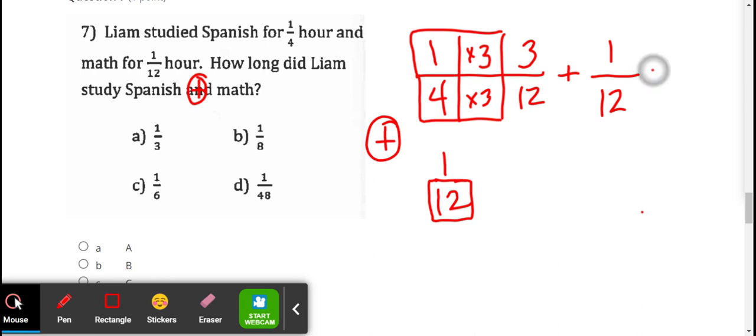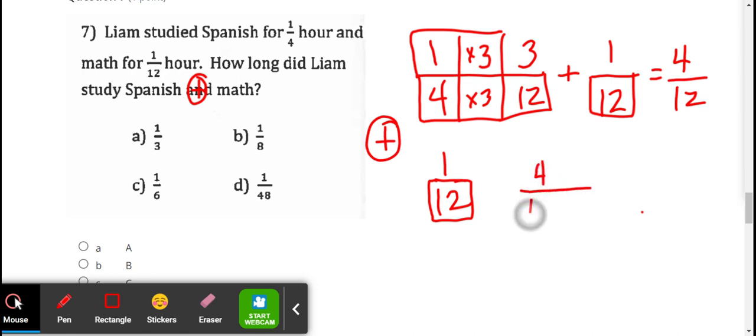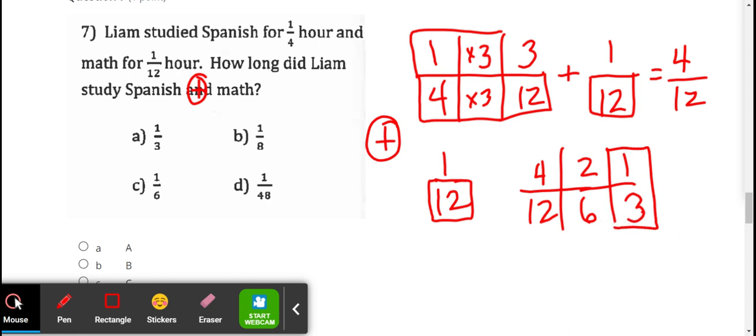So 3 plus 1 is going to be 4 twelfths. So the denominator stays the same. And that is not one of our answers. So it looks like we need to simplify. So simplifying, we could take half and then half. So that would be 2/6, and 1/3 is the most simplified form of the answer.